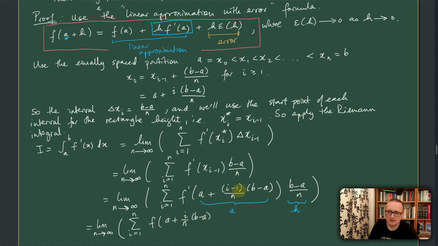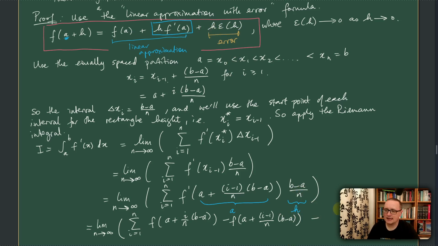Because I have a plus (i minus 1) over n times b minus a, but then I add another b minus a over n to it. This is the a plus h term. Then I have minus f of a, where a is this expression here, so a plus (i minus 1) over n times b minus a, f evaluated at that. And then I have the minus h epsilon of h part.